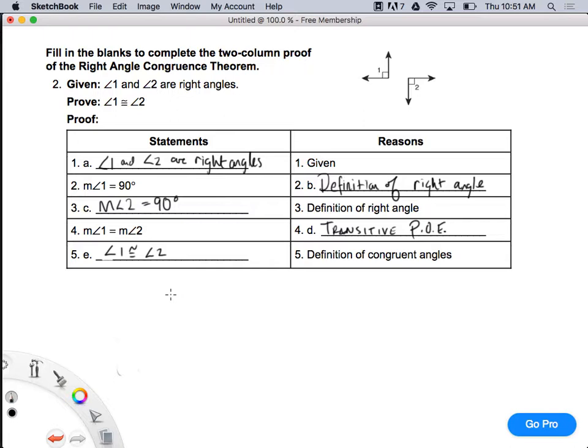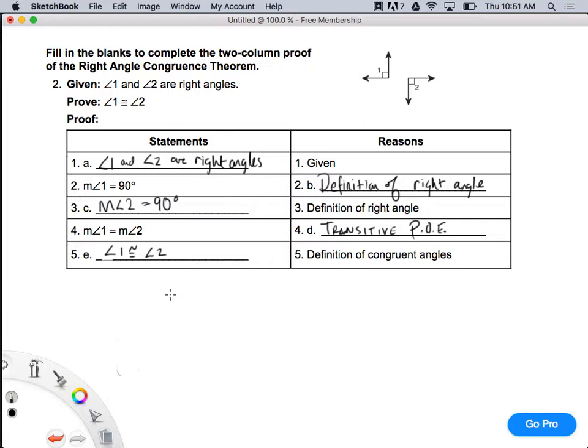Now, this is actually the worksheet. That was just a precursor to the lesson. This is the same exact lesson, but this is what your homework is. Practice A and practice B are your homework.